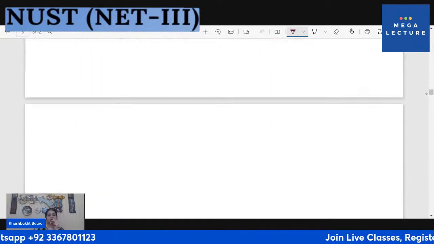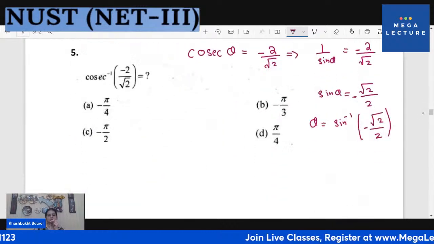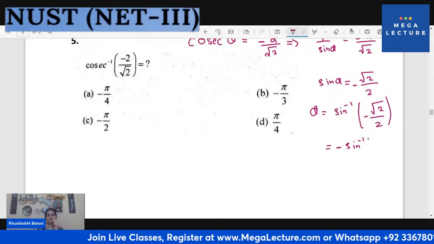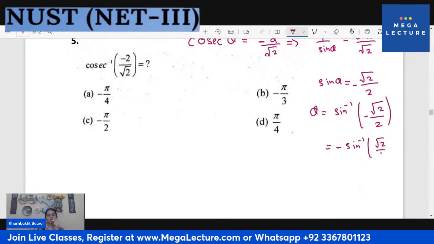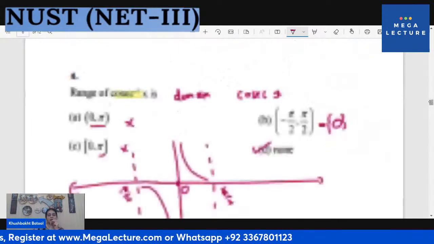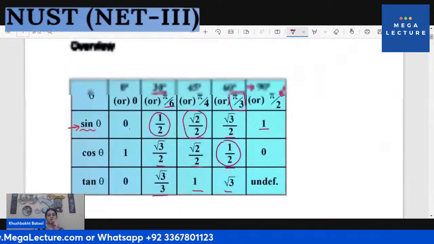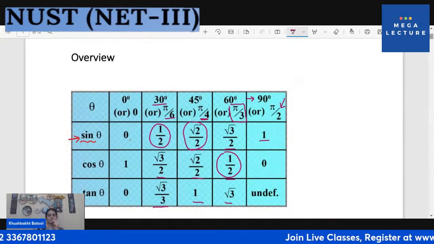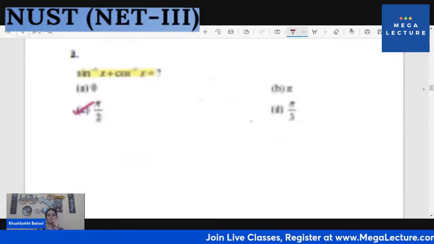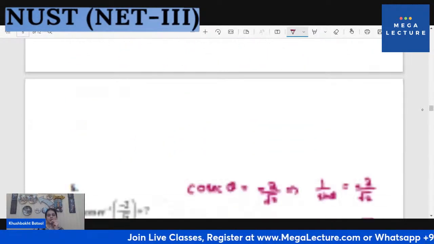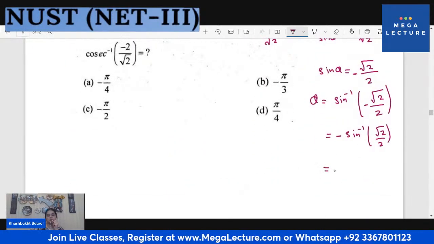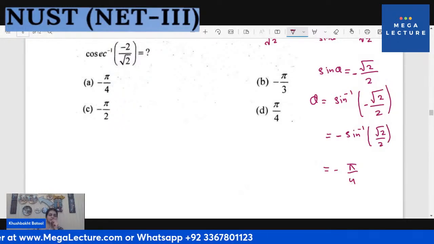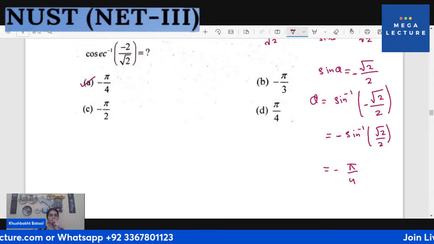So I can write this thing as minus sine inverse of root 2 by 2, and sine is root 2 by 2 at pi by 4. So it is going to give me minus pi by 4 as the answer. So the answer in this case is going to be option number A.